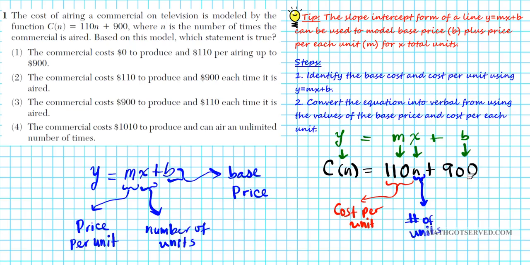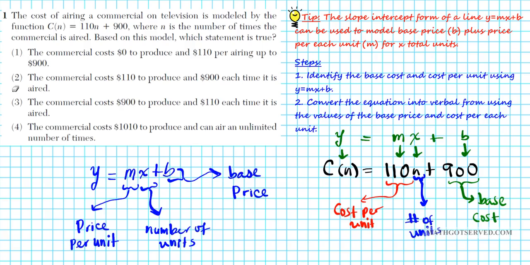And then 900 is a base price. Now, in this case, we're looking at commercials, so we're going to contextualize the situation in a minute, or let's call it base cost.